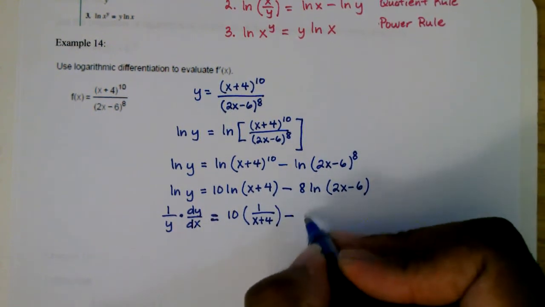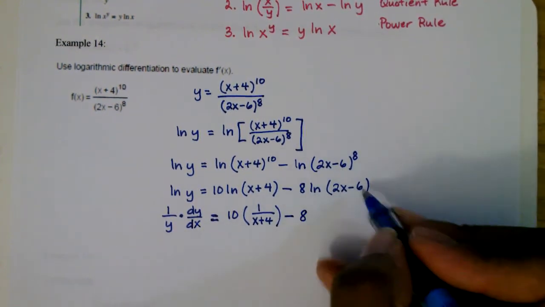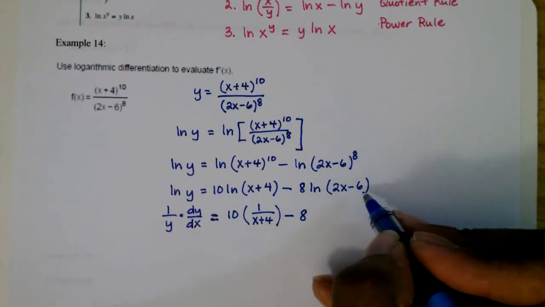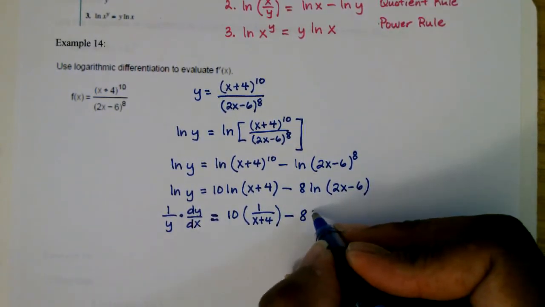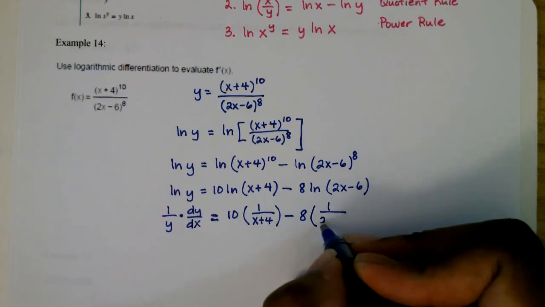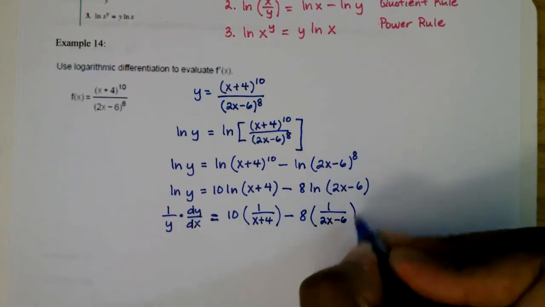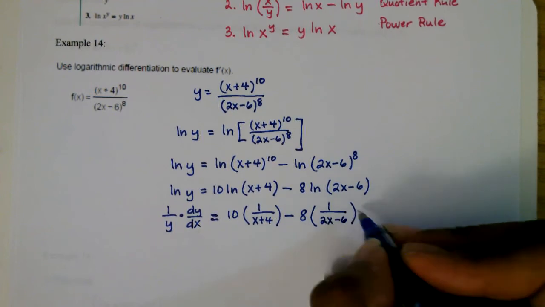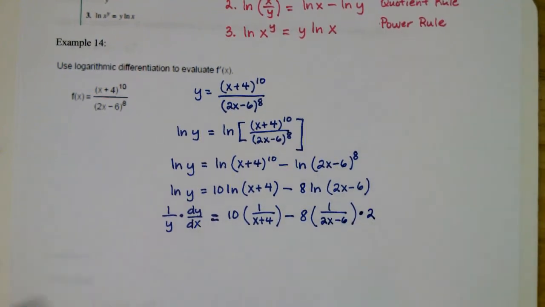And then minus, bring down the 8, and take the derivative of ln of 2x minus 6. That's going to be, in this case, 1 over 2x minus 6, but I need to take the derivative of 2x minus 6. That inside derivative is going to end up being 2.